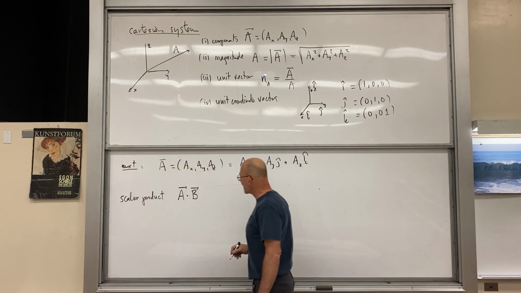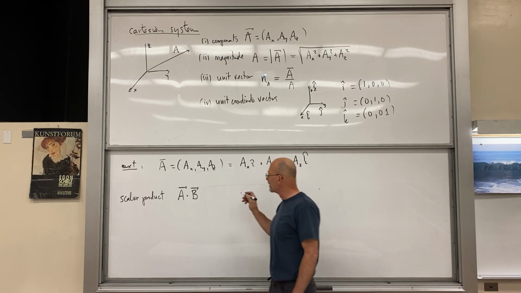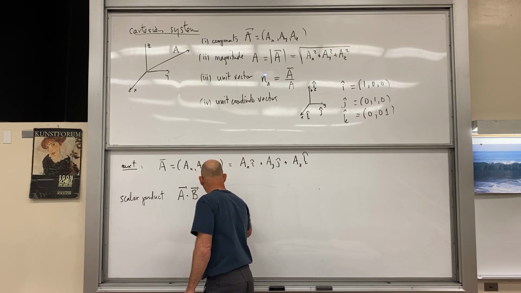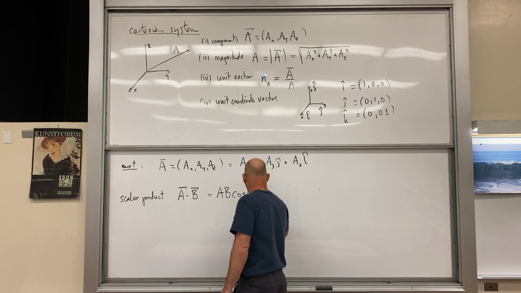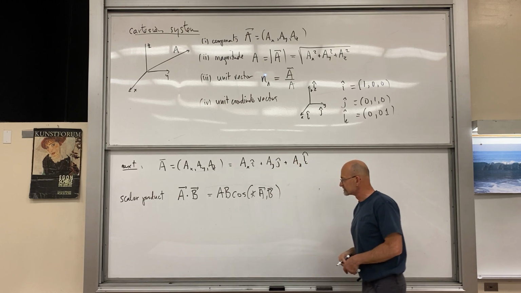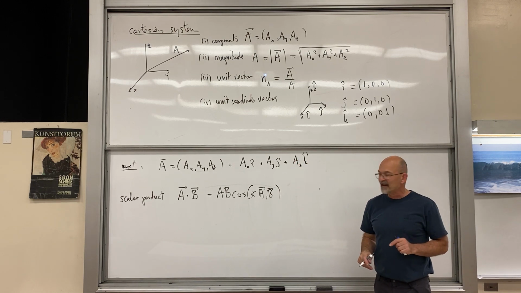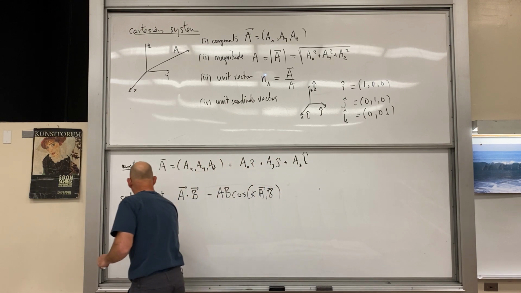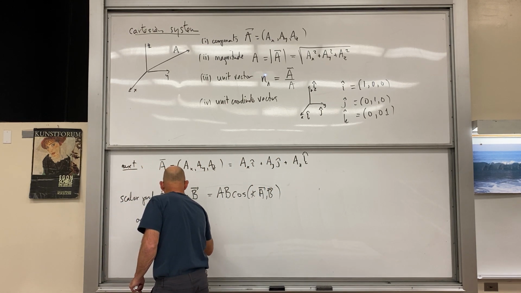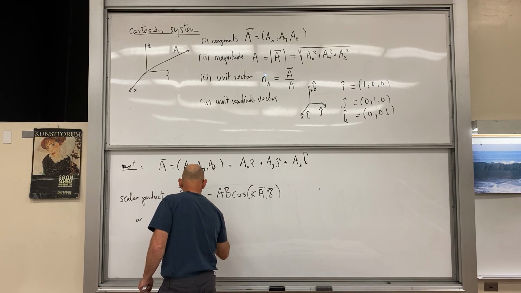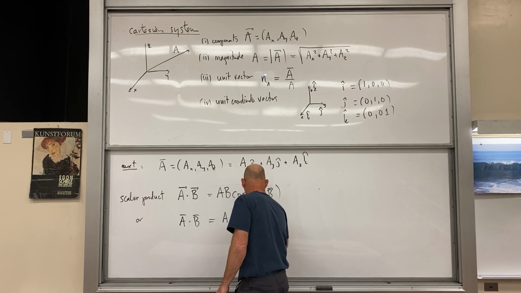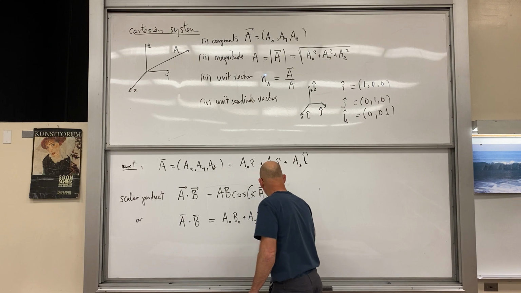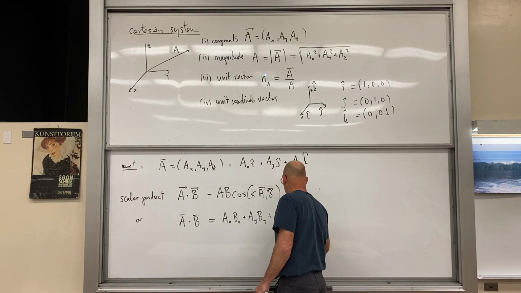The product of these two vectors, which takes two vectors and turns them into a number, would be the product of the magnitudes times the cosine of the angle between A and B. On the other hand, we can write A dot B is equal to AxBx plus AyBy plus AzBz.